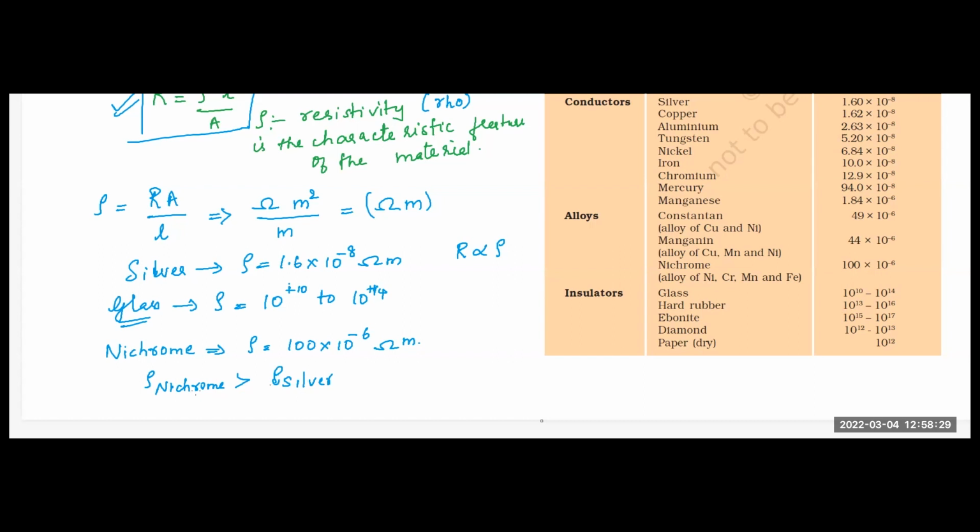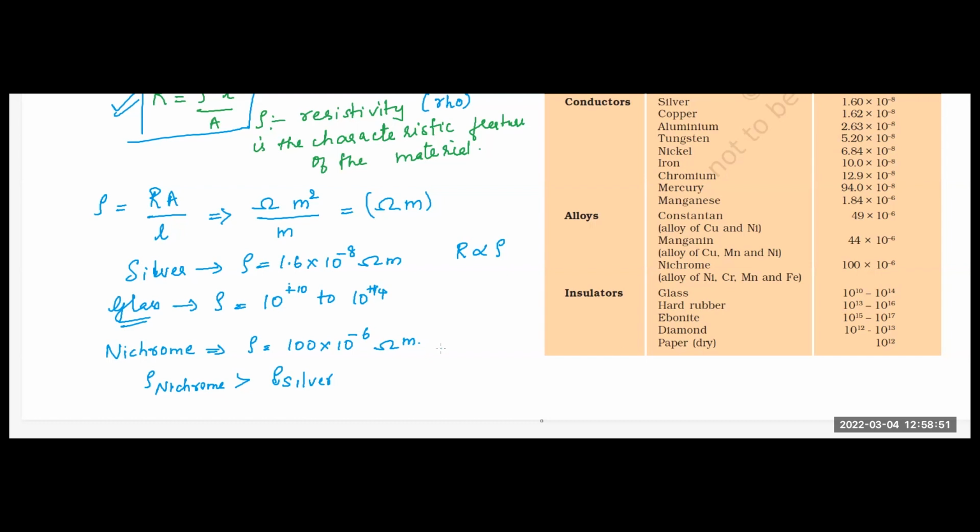So from this resistivity, we can see that the resistance given by nichrome is much higher compared to that of silver. That is why, when you compare alloys with their constituent metals, they have more resistivity.